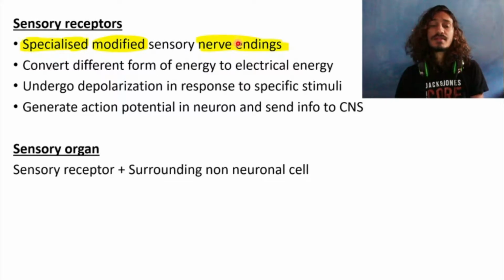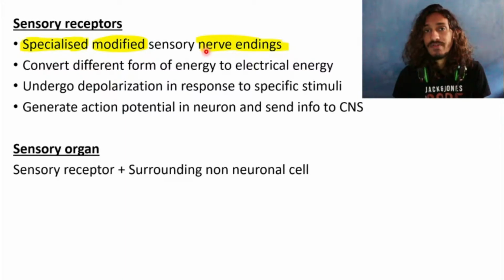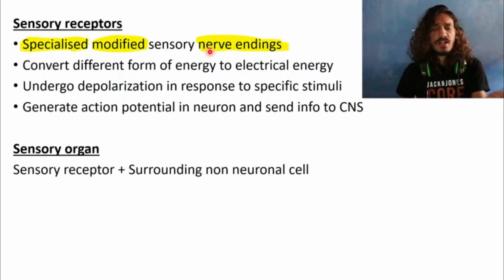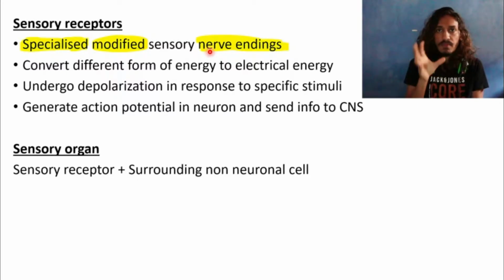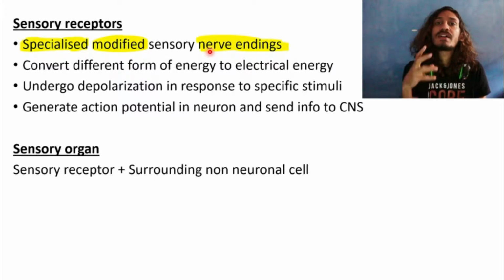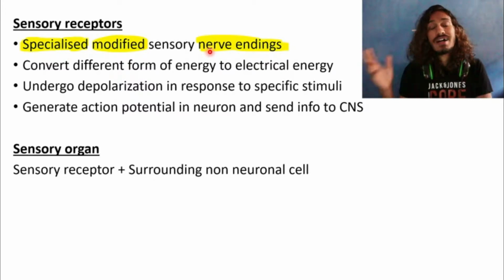No matter what form of energy it is, whether mechanical, electromagnetic, chemical, or even thermal, it ultimately converts it. That is the role of the sensory receptor: specialized and modified nerve endings which convert different forms of energy into an electrical one.